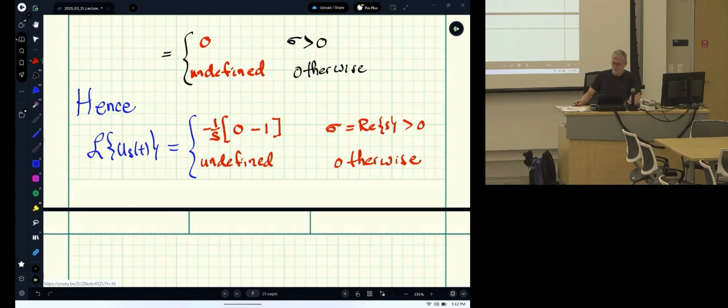So if the real part is 0 or the real part is negative, it's undefined.